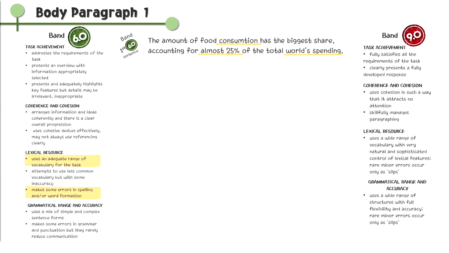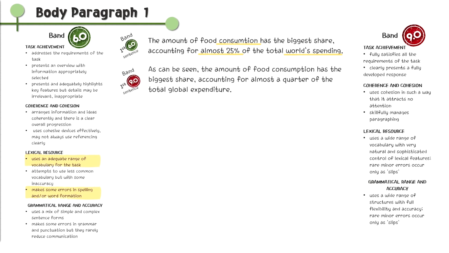This is under lexical resource, the use of adequate vocabulary only. As can be seen, the amount of food consumption has the biggest share, accounting for almost a quarter of the total global expenditure. For the Band 9 first sentence, the phrase as can be seen is a good signposting for cohesion purposes. Almost a quarter and global expenditure are a good way to show your wide range of vocabulary instead of copying exactly the words used in the charts.